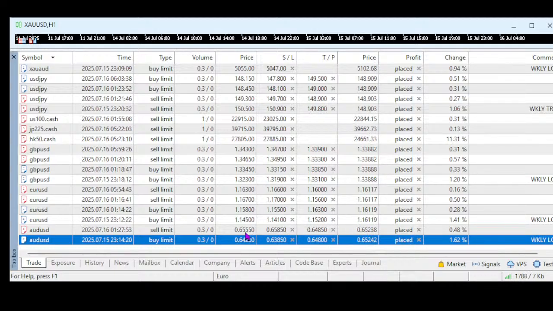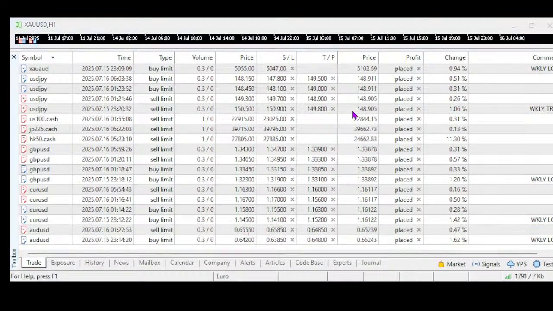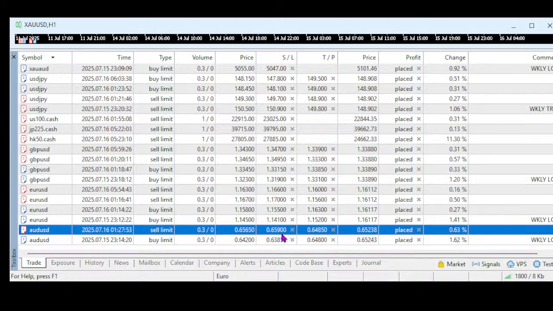Then here, this is daily. We need to do the adjustments. We will try to sell at 65.90, and this is a day order, selling at 65.65 and 65.90.